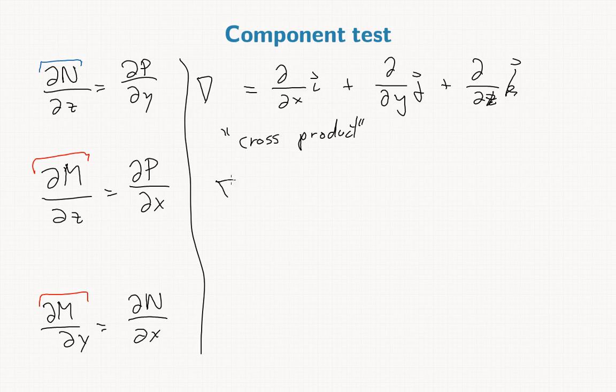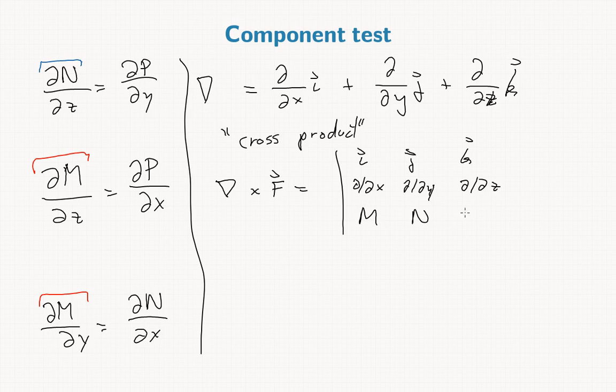If we take nabla cross f, that'll be the determinant of i, j, k, del by del x, del by del y, del by del z, m, n, and p. So this is del p by del y minus del n by del z, i.